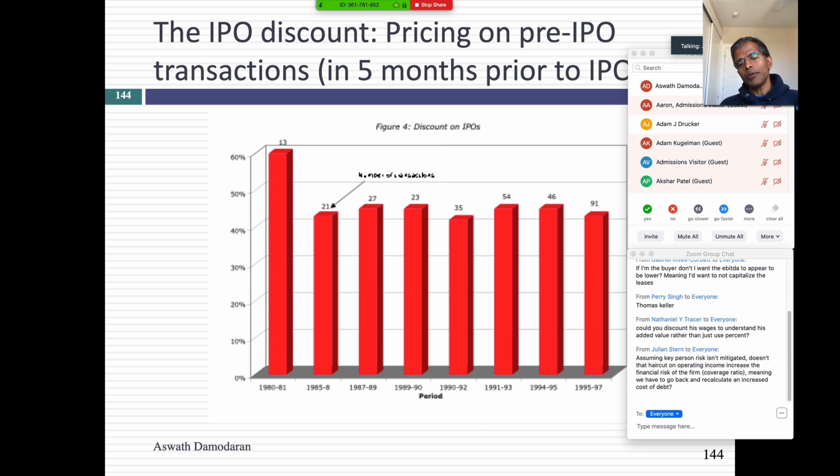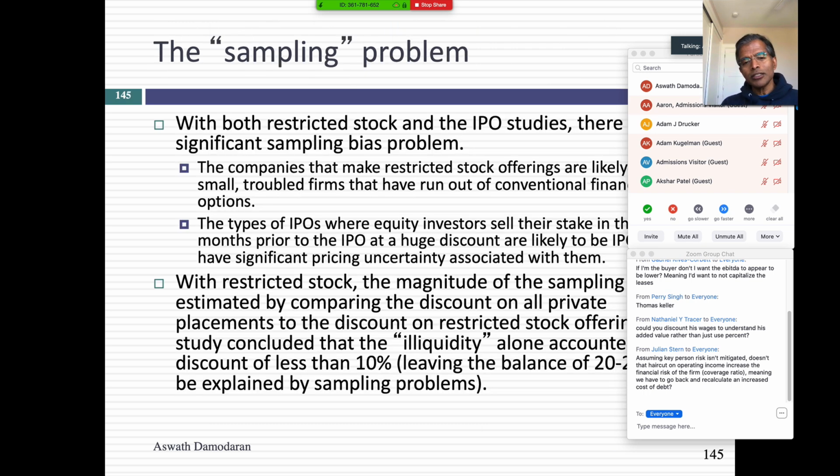They looked at the companies that actually went public. What should they have done? They should have looked at companies that actually announced they were going to go public and included those companies that never made it to the public phase. What will that do? That will reduce the discount dramatically, because on those companies, you'd have actually got more than you'd have got by waiting. So there's a bias in both these studies that I think overestimates the liquidity discount.